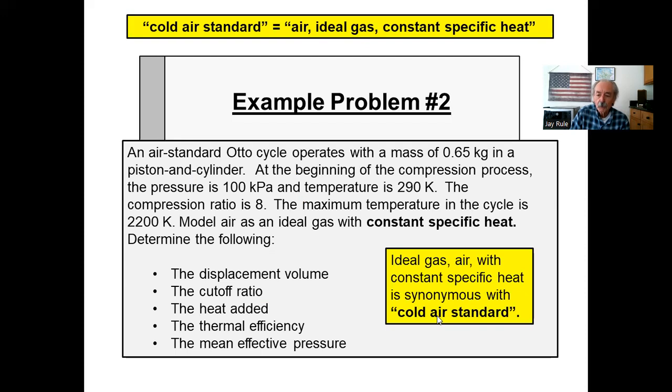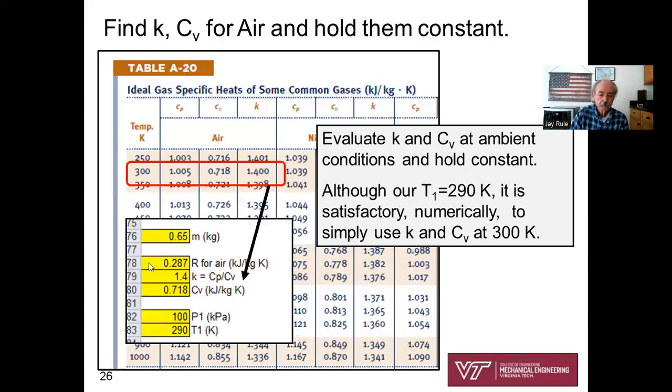In other words, we're going to select a specific heat and a value for K at T1, or at ambient conditions. Okay? I'm going to post the static slides for this out on my Jay's Toolbox website in case you want to go back and look at the details slide by slide if I've put you to sleep with the video.